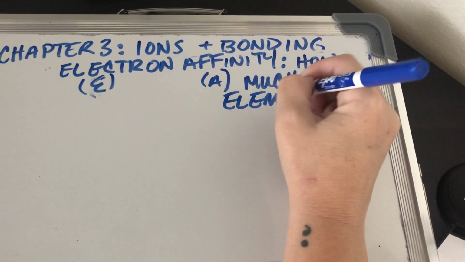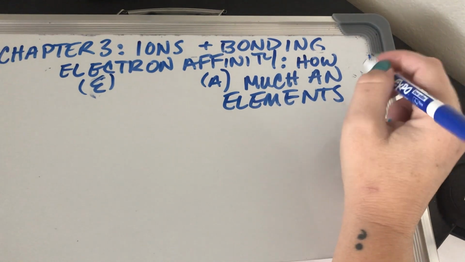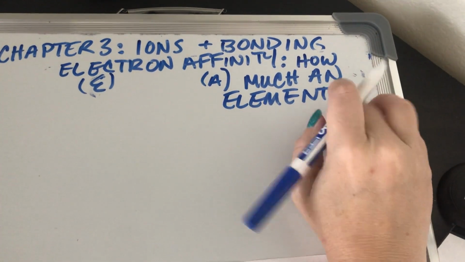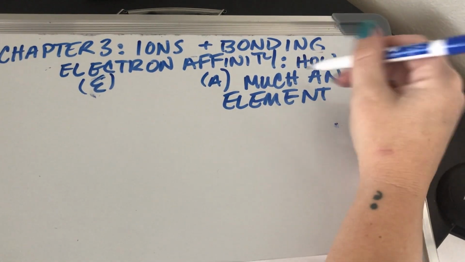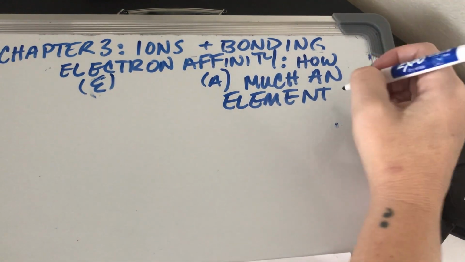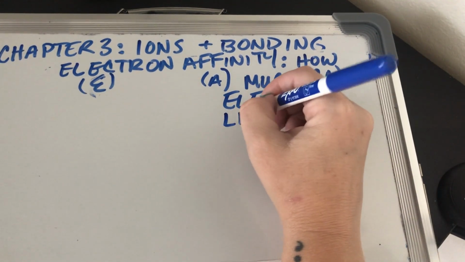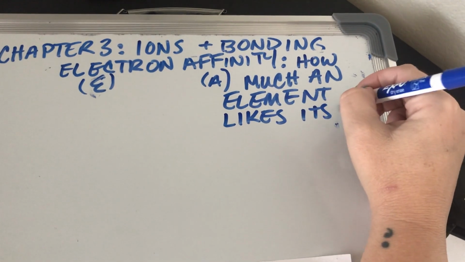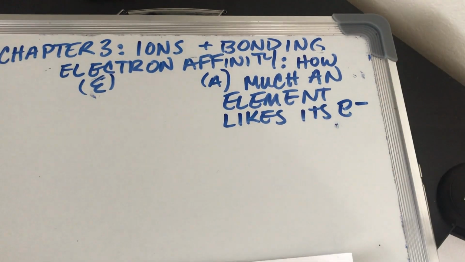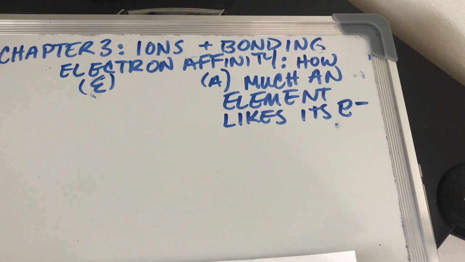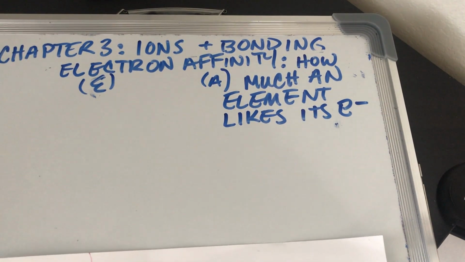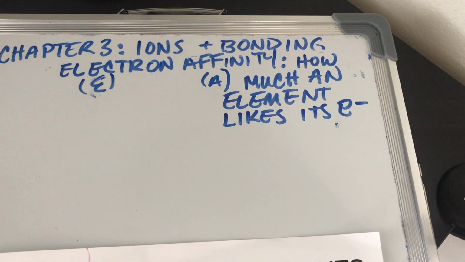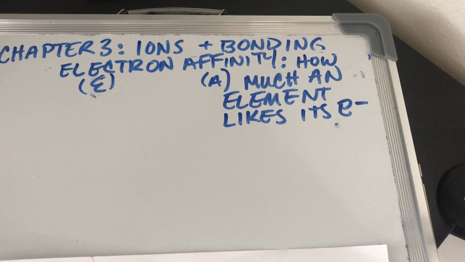Could you repeat that? I was looking at my spelling and I missed it. No problem. So we're talking about how much an element likes its electrons. Another way of saying that is how attached they are to their electrons.